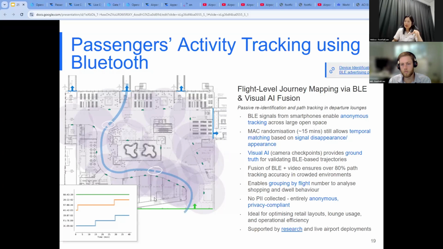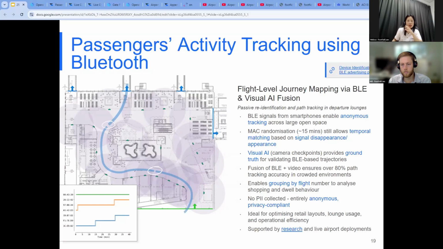The circles are the Bluetooth coverage area of each device. Sorry, I didn't mention that, but there is a 30-meter coverage.